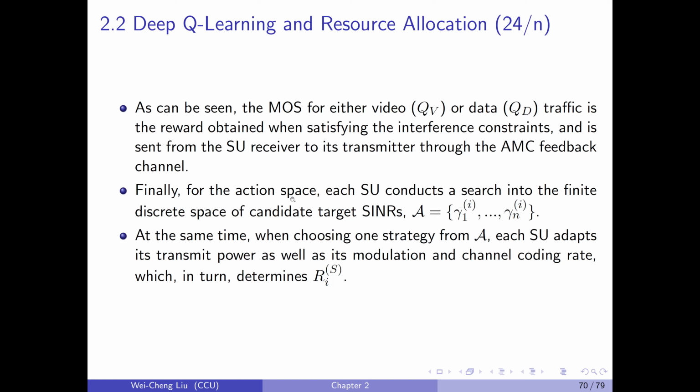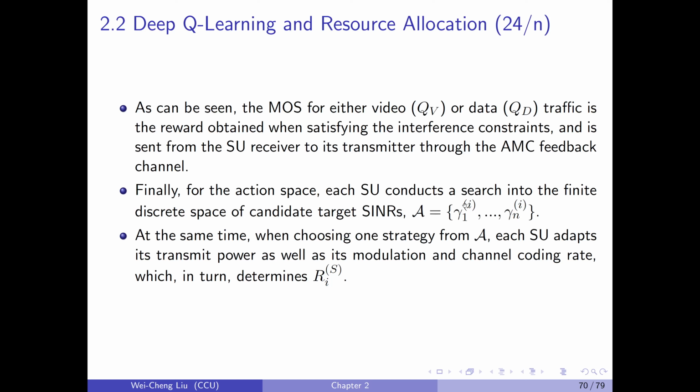Finally, for the action space, each secondary user conducts a search into the finite discrete space of candidate target SINRs. So a set A is equal to gamma 1I to gamma Ni. There are totally small n candidate target SINRs for the ith secondary user.